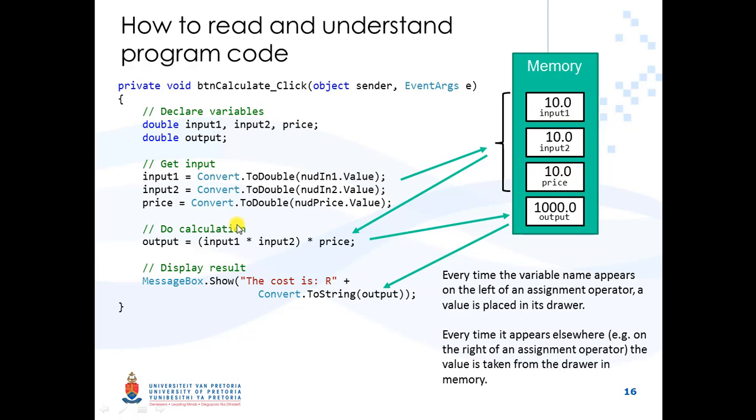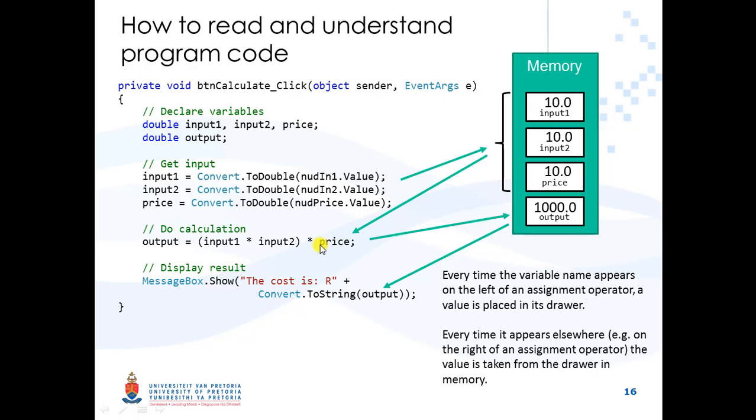Okay, so then when we get to the calculation part, on the right hand side we now have input 1 times input 2. Those values are taken out of memory and used here to do the calculation. Price is taken out of memory to do the calculation.